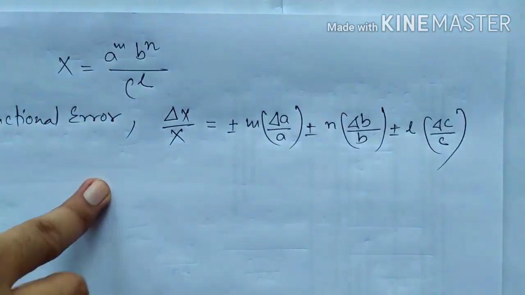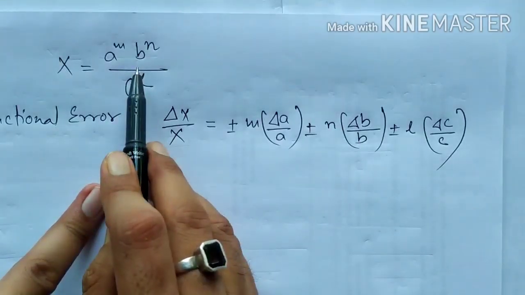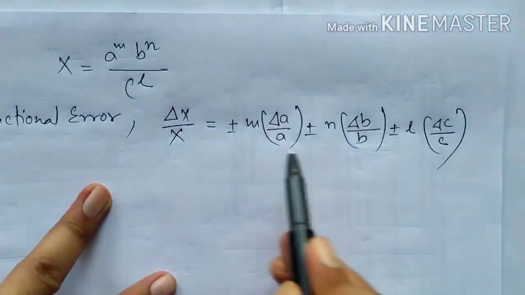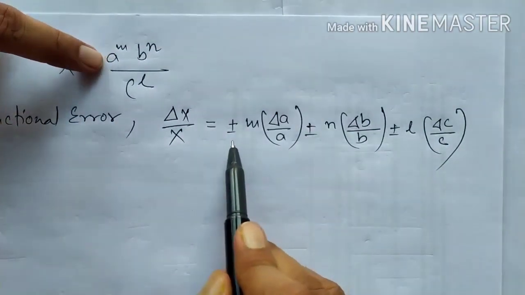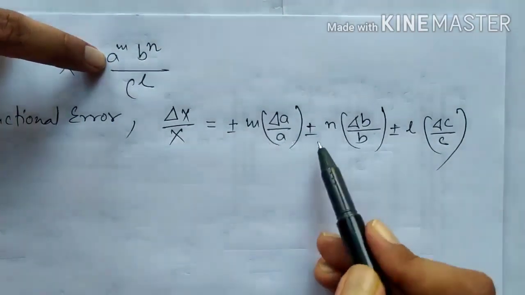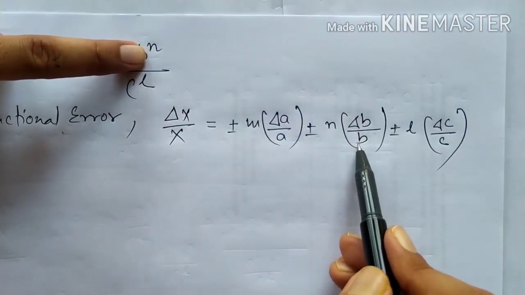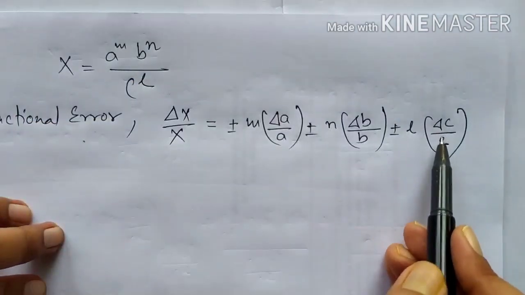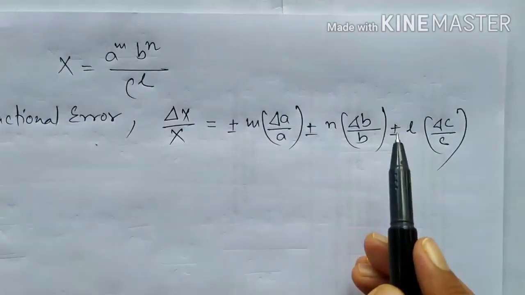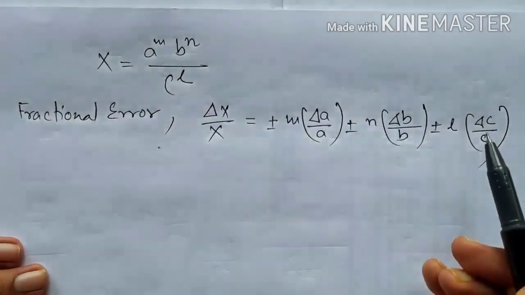So you see, it does not matter whether c appears on the denominator or on the numerator. The form of the expression is just the power of a multiplied by delta a by a, plus power of b multiplied by delta b by b, plus power of c multiplied by delta c by c. And this is the case for all the forms actually. So this is the expression of fractional error.